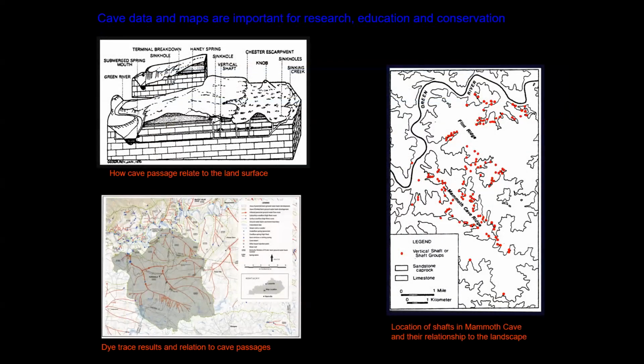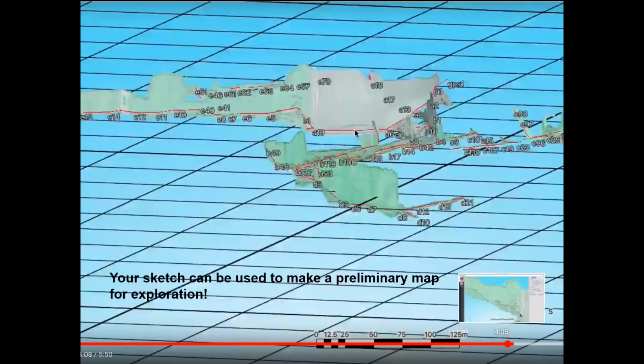And of course, this is of interest to anybody who's wanting to study the hydrology of an area, or the geology. Your cave data is important to them. They're going to do other things with it, but your data is important. So that's why it's all important.